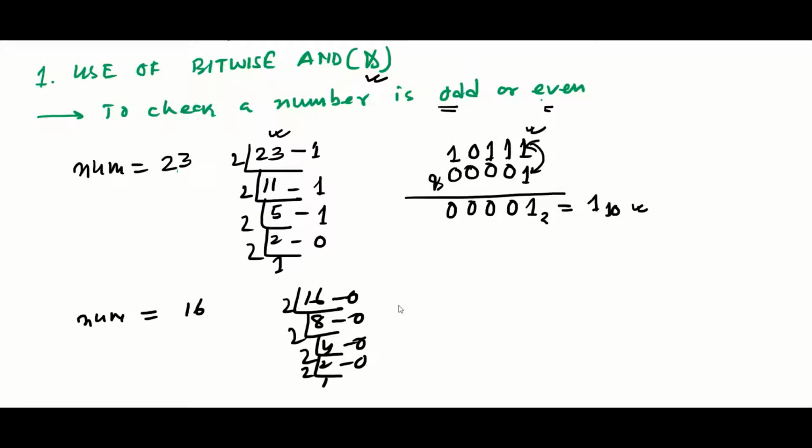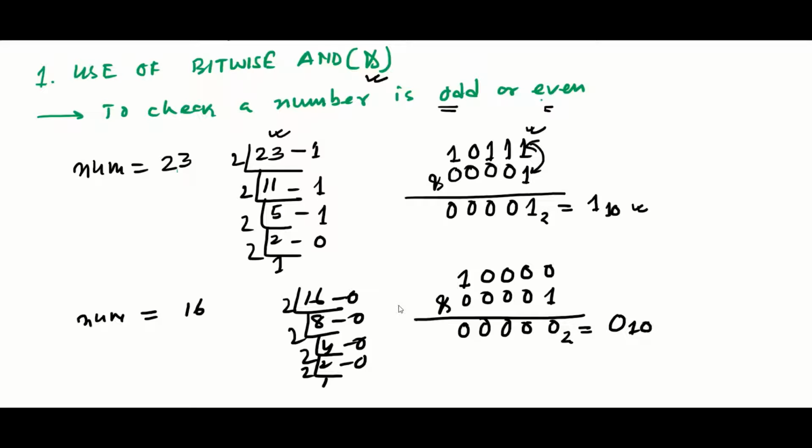If I convert it to binary, let's put it over here and perform the bitwise AND operation with 1. Now we get the value 0, 0, 0, 0, 0. So this is binary 0 and it is also decimal 0.